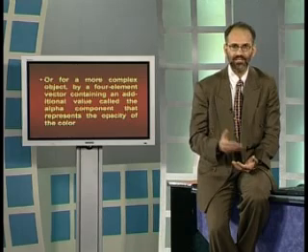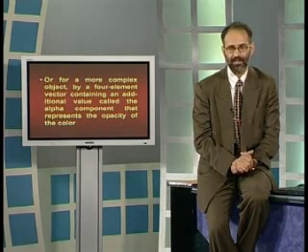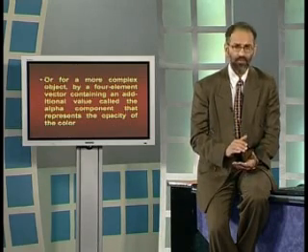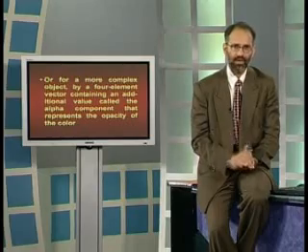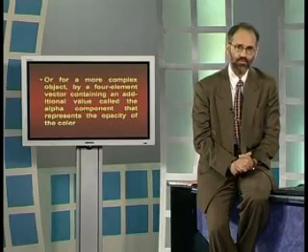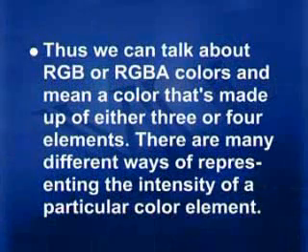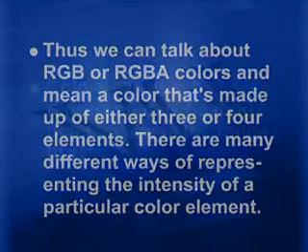How transparent or how opaque is the color. For the moment we are not going to go into the detail of the alpha channel, but later on we would be talking about it inshallah. So thus we can talk about RGB or RGBA colors and mean a color that's made up of either 3 or 4 elements. There are many different ways of representing the intensity of a particular color element.